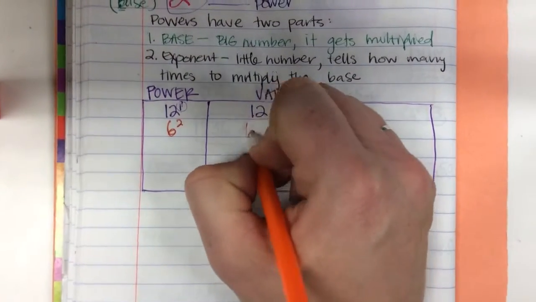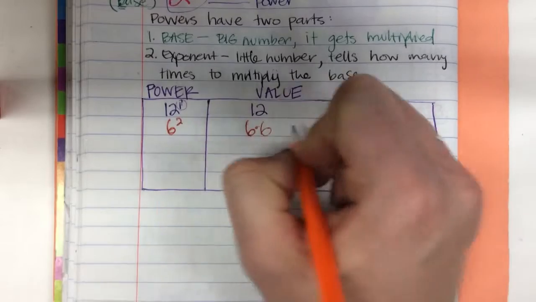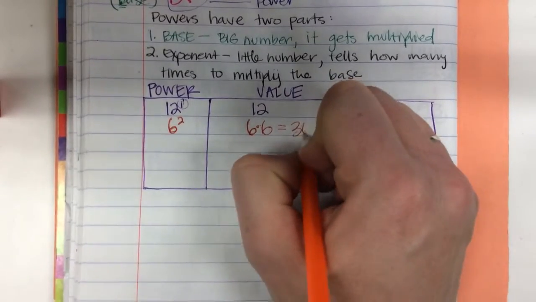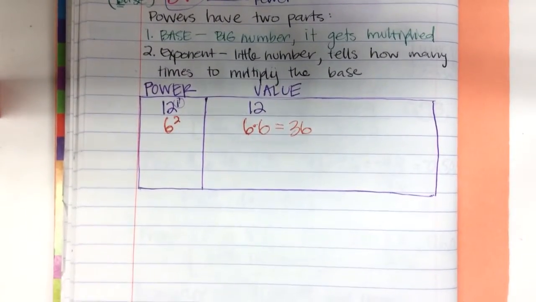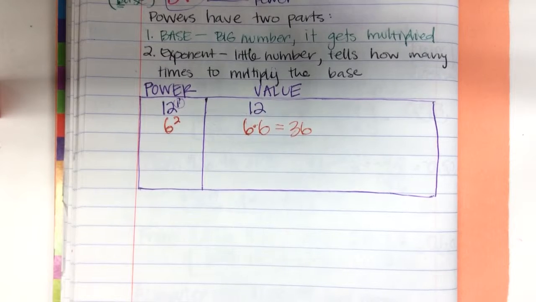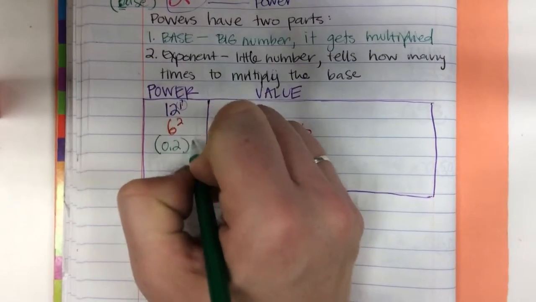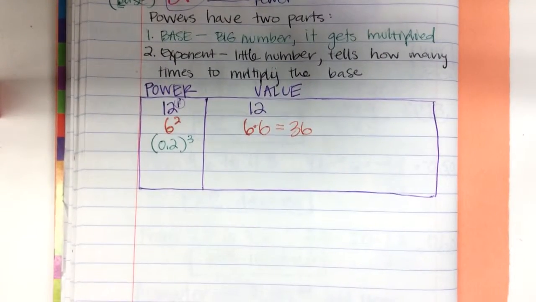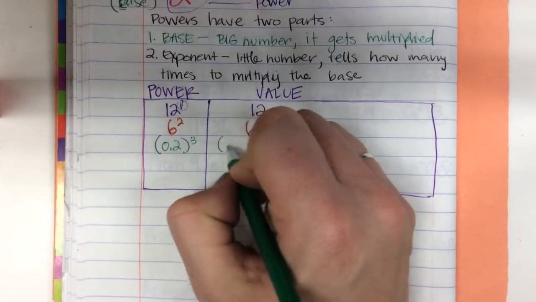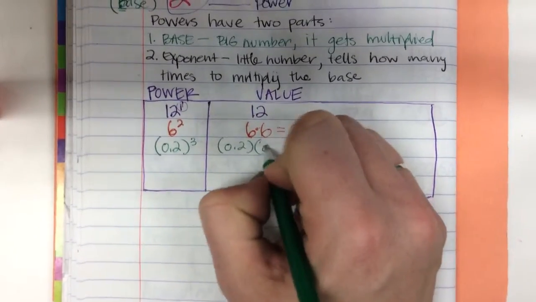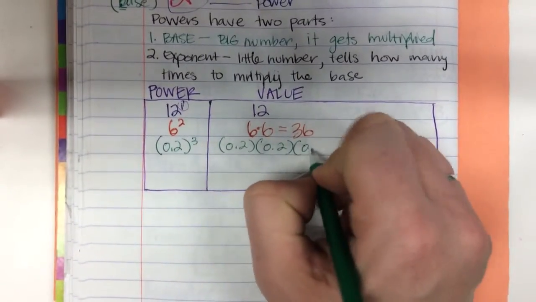It means 6 times 6, which is 36. What would 0.2 to the third power mean? 0.2 times 0.2 times 0.2.